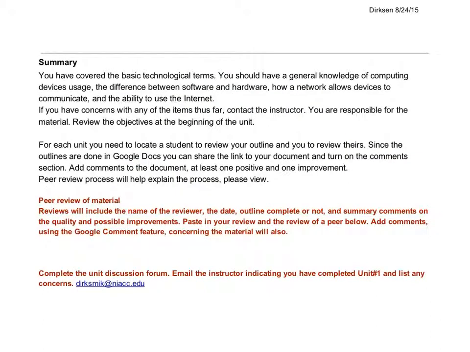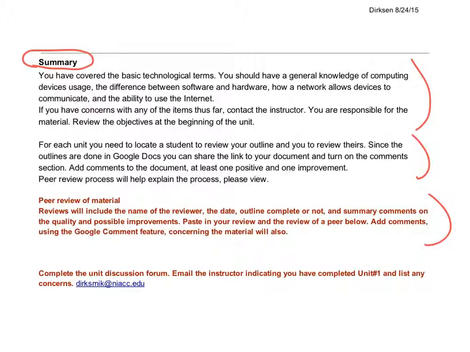So, hopefully that gives you an overall view. Just as a reminder, make sure you look through the summary. There will be other documentation on how to have a peer review of your outline.